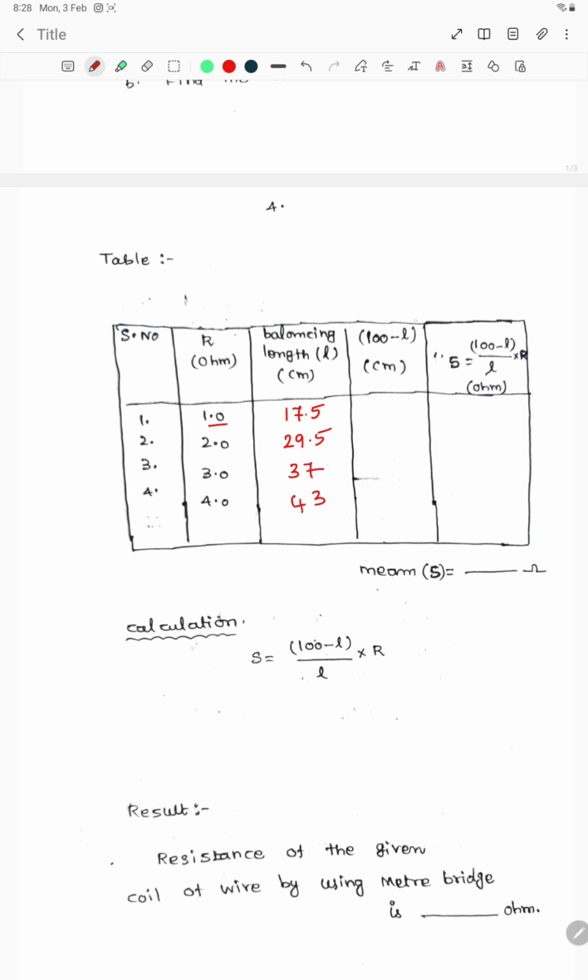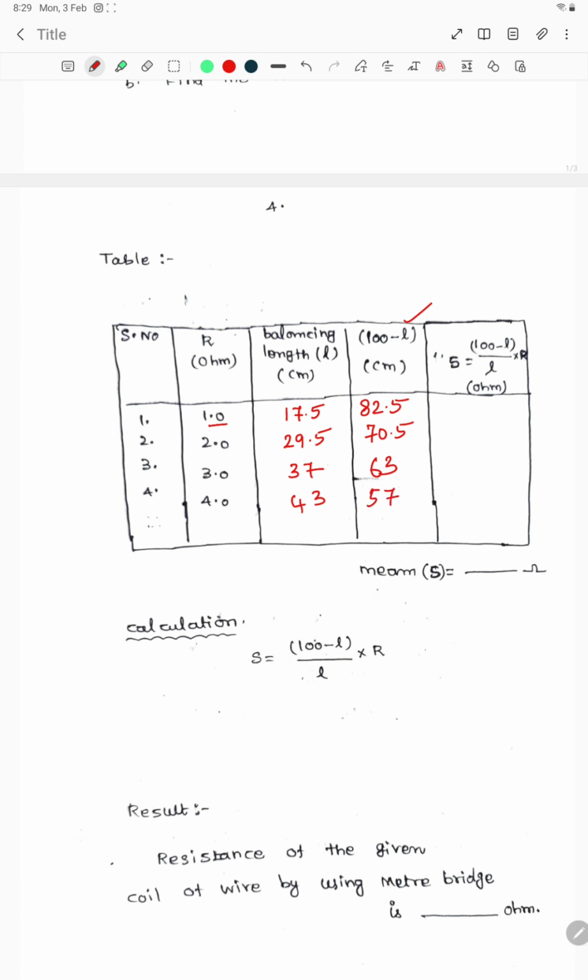Then you will calculate the value 100 minus L, using the calculator. 100 minus 17.5 gives me 82.5, 100 minus 29.5 is equal to 70.5, 100 minus 37 is equal to 63, and 100 minus 43 is equal to 57.